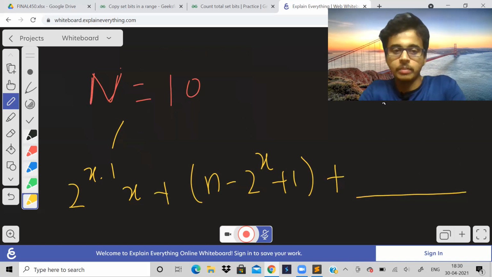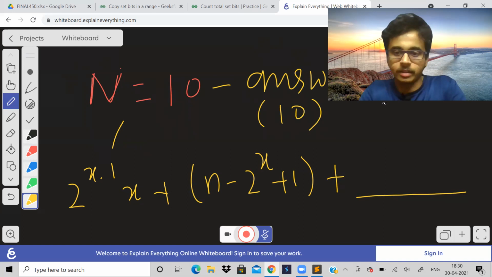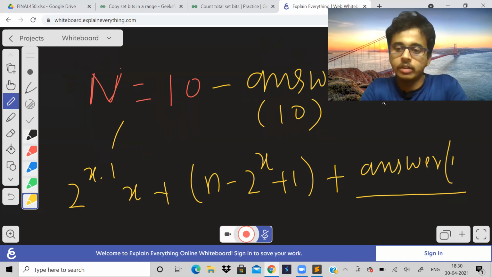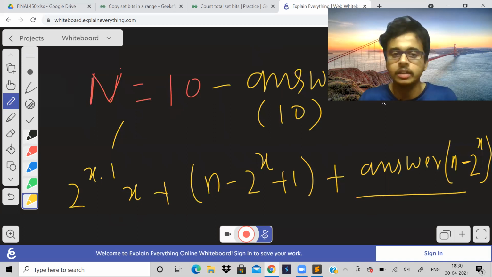If there is a function called answer, and we are calculating the answer for 10, now we will calculate the answer for n minus 2 to the power x. And what is this 2 power x? It is the highest power of 2 which is less than or equal to the number. Small changes will be there in the function either way, but this is how you deduce.